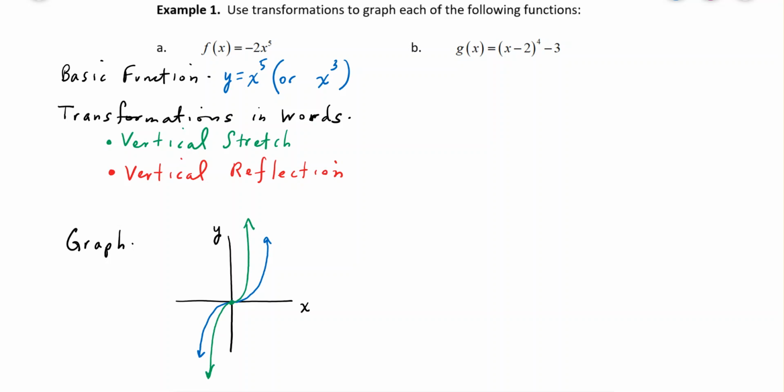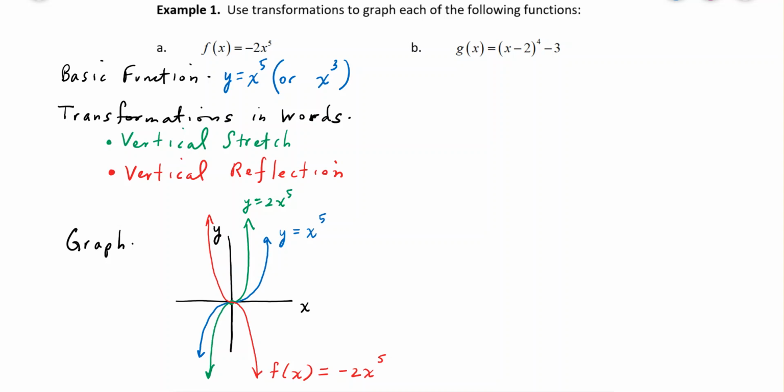And so then there's our stretch, and then we can come back and do the second transformation. We can just reflect this over the x-axis, and we wind up with something like that. So let's go ahead and label the red graph, f of x equals negative 2x to the fifth. And let's go back for just a second and label the graph of x to the fifth, and then label the graph of 2x to the fifth. And we're done.